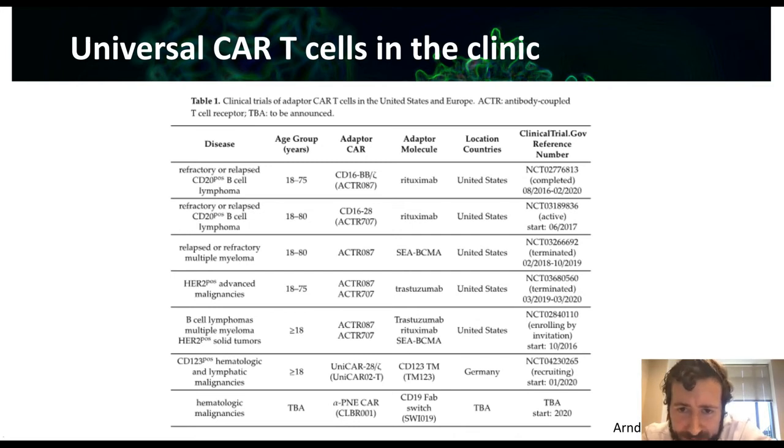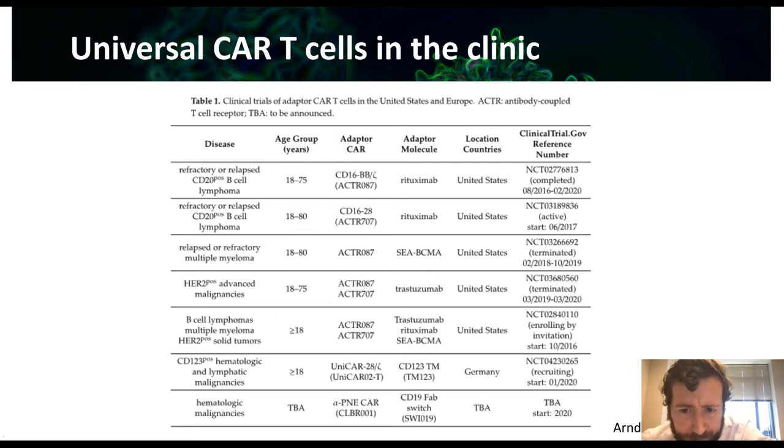And here you can see several of the different technologies and their current status. And I want to include this also as just a general reference. But there are several trials being undertaken targeting different blood cancers, as well as now some solid tumors using trastuzumab targeting HER2.